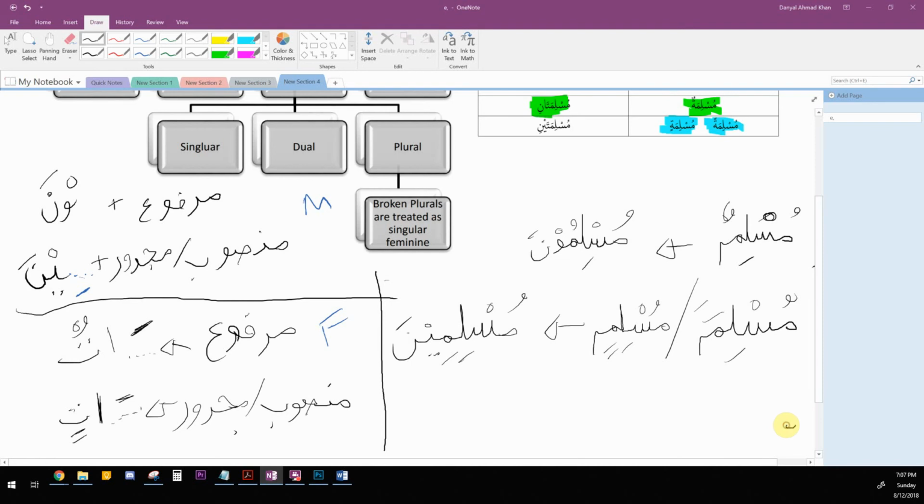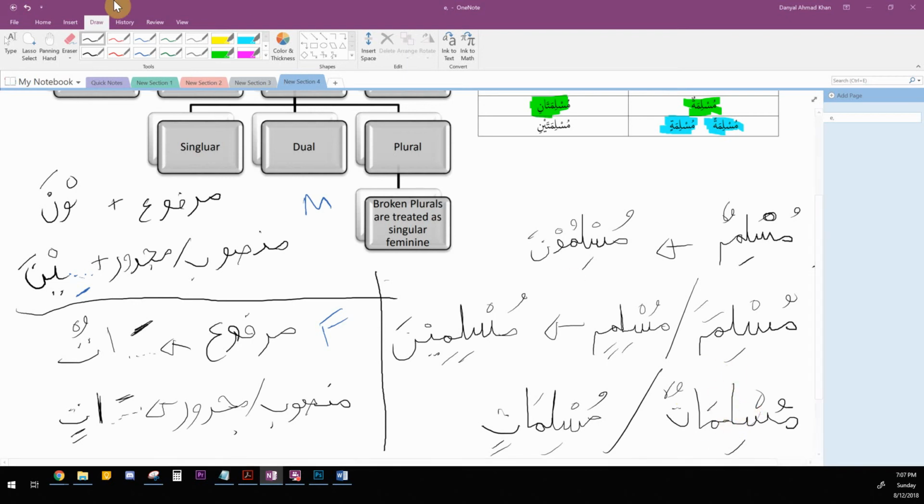So what does that look like? That looks like either muslimatun or muslimatin. It's really ugly, but sorry, I'll deal with this.